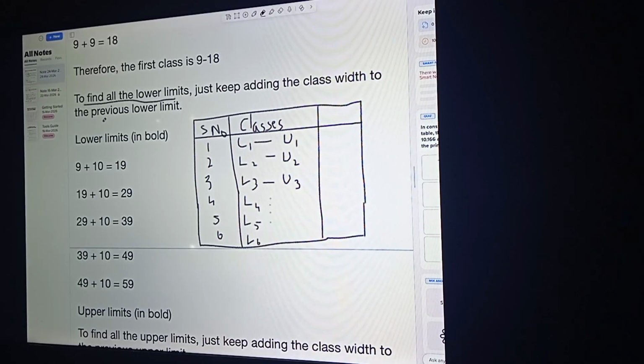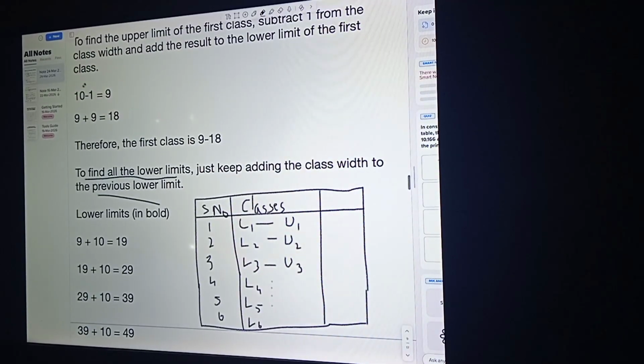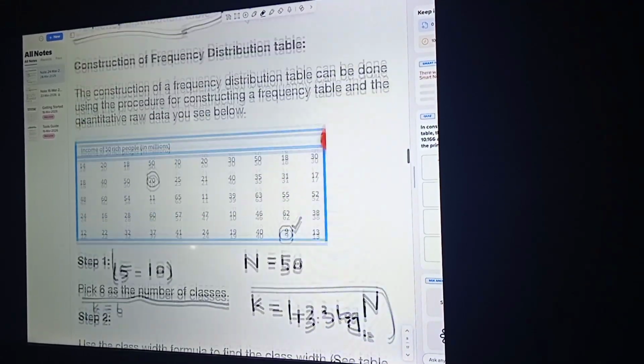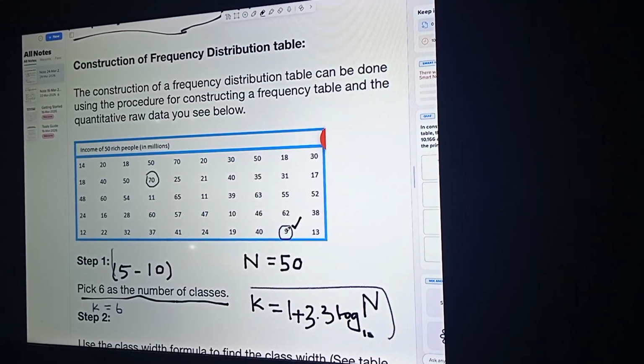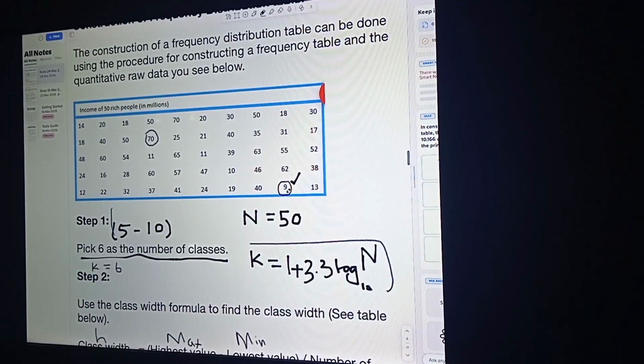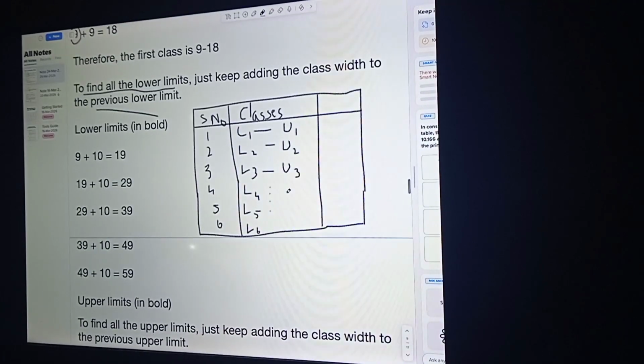And what should be the previous lower limit? For this, subtract this class width from 19, it will give you 9, and then add this 9 with 10, where this 9 is the lowest value from the data set.